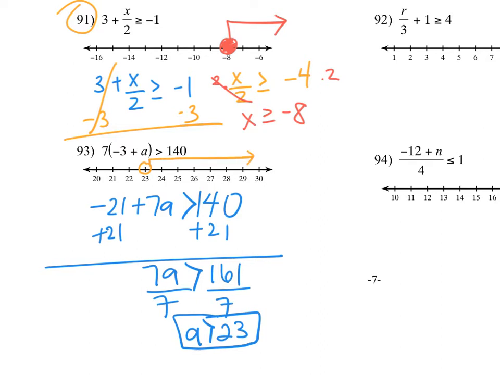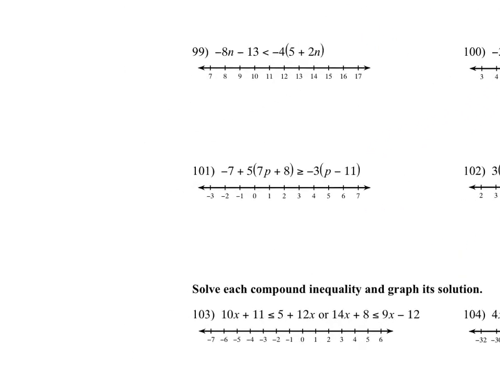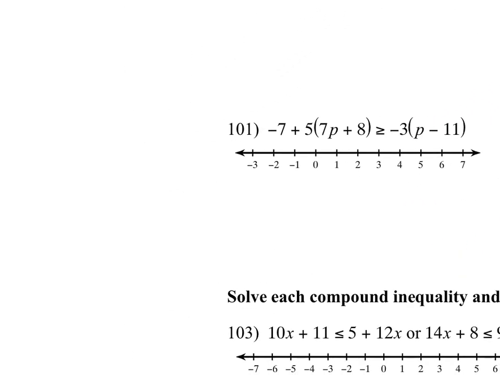Okay, so the rest of these are very similar. They are multiple step problems. I will try to do, let's say, 101. Okay, so let's do number 101 right here. So -7 plus 35p plus 40 is greater than or equal to -3p plus 33.